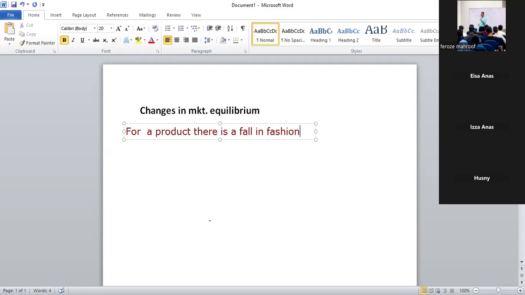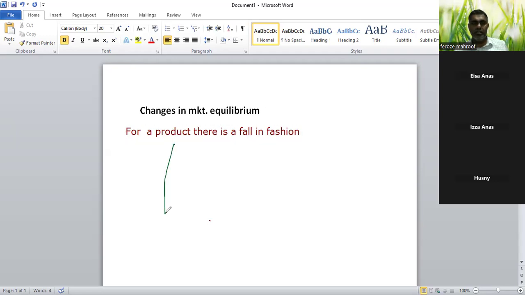You know, the fashion is related to demand directly. So there is a fall in fashion in the sense the demand is falling, the supply is at the same level.